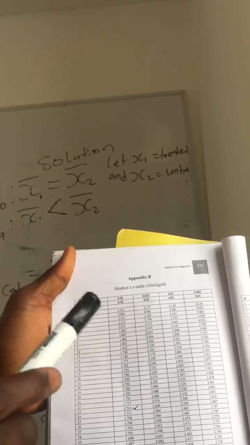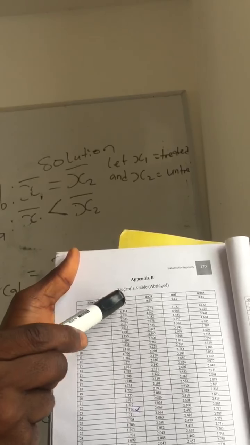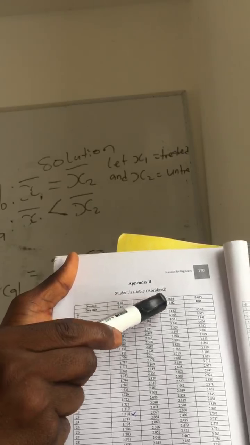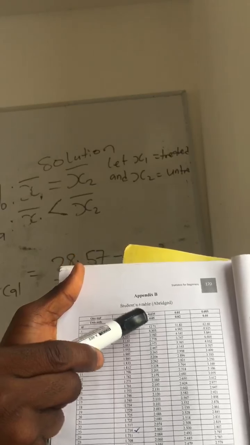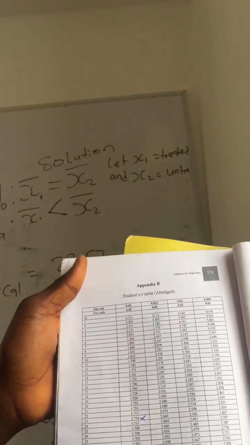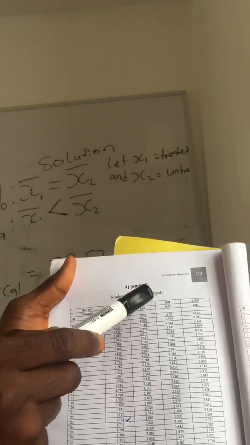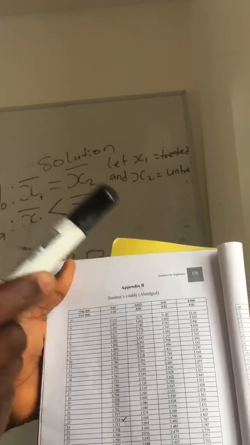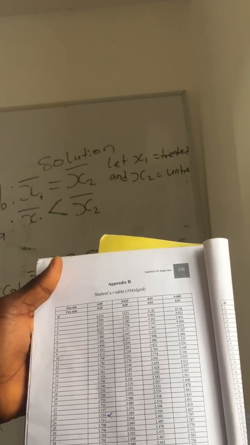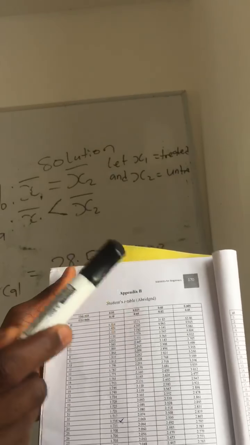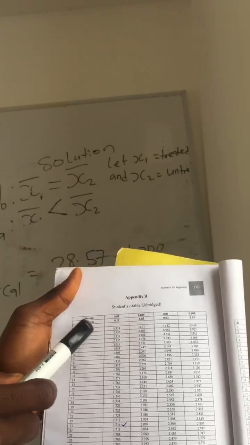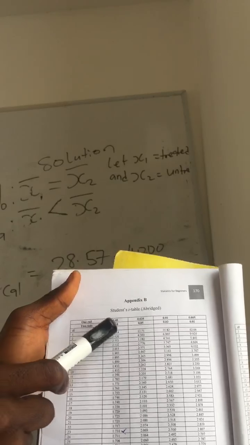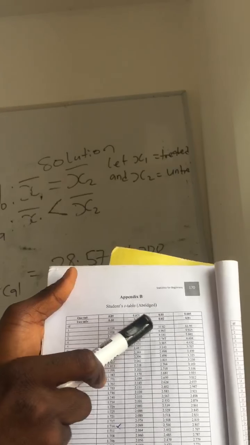And you have the significance at these columns. So for the one tail, these are the significance values: 0.05, which is the same as 5%, 0.025, which is the same as 2.5%, and you have 1%. And over here is for the two tail. If you are dealing with a two tail test, use the second set of columns.